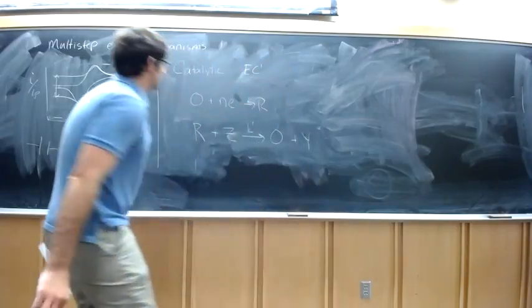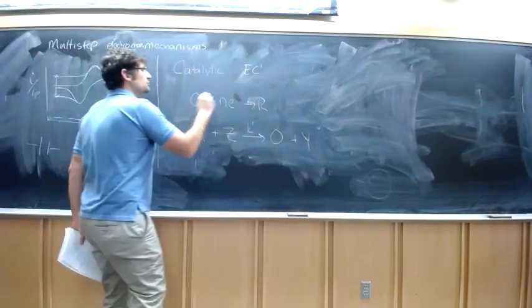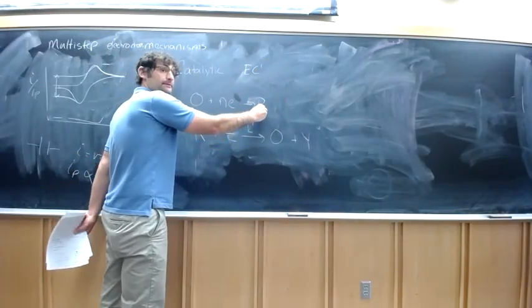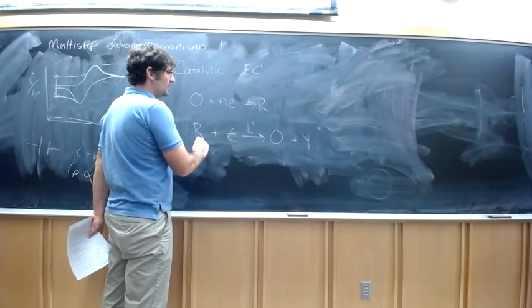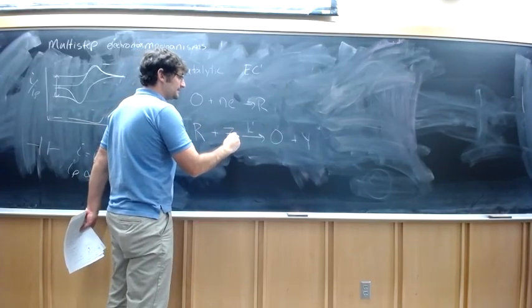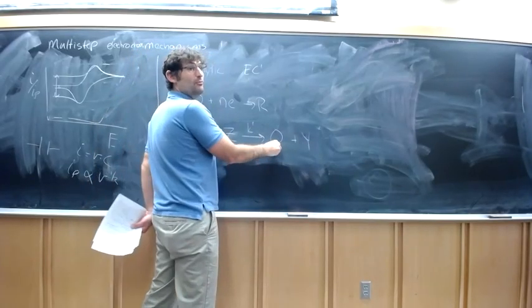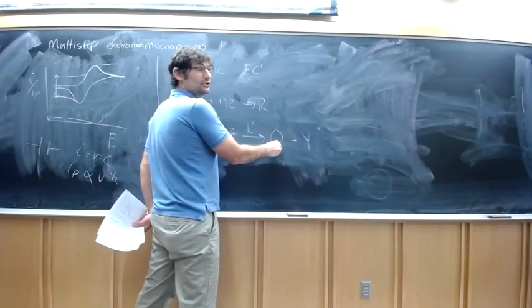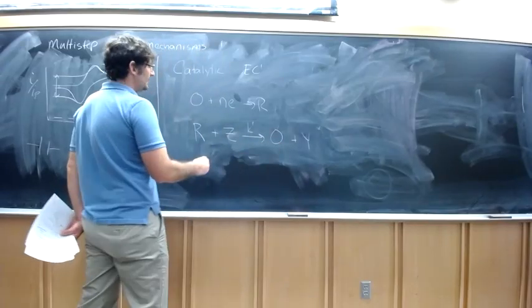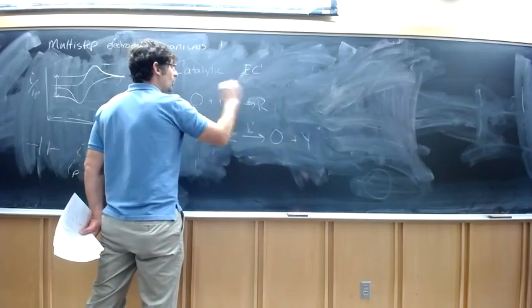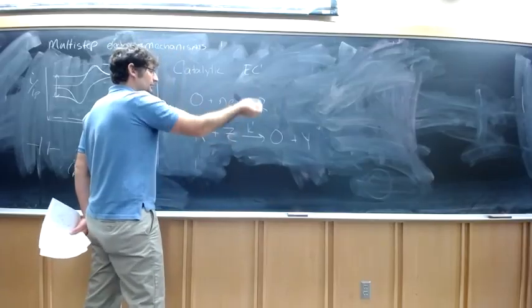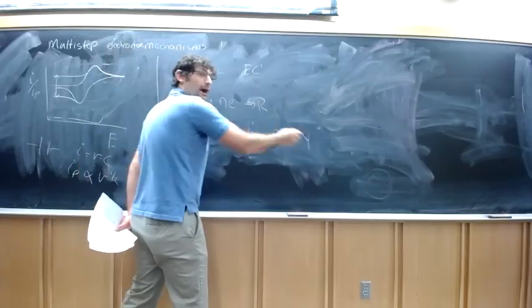So what have I done? Well, I've reduced O to make R. Then R has gone on and reduced Z to make Y and give me O back. So what has happened is basically the O/R redox couple is a catalyst for the Z/Y redox couple.